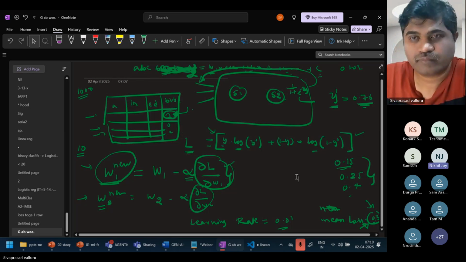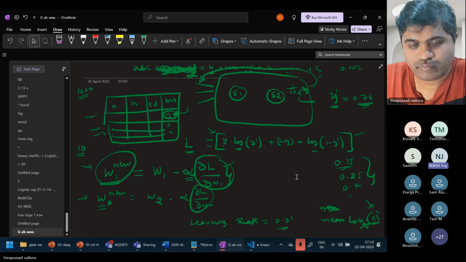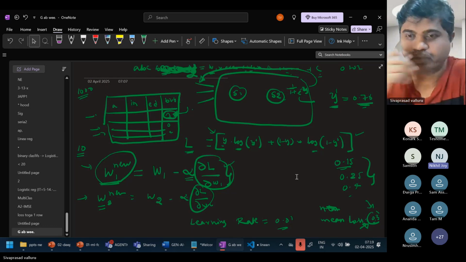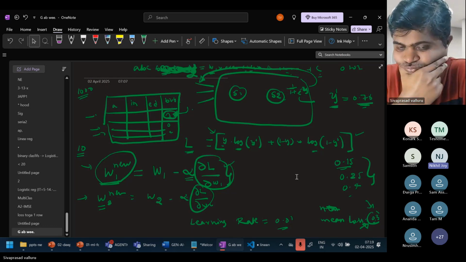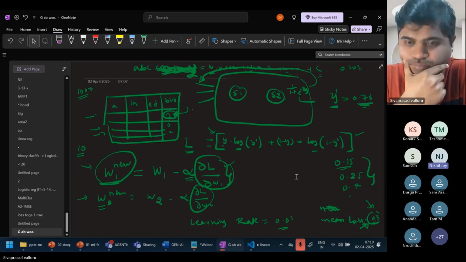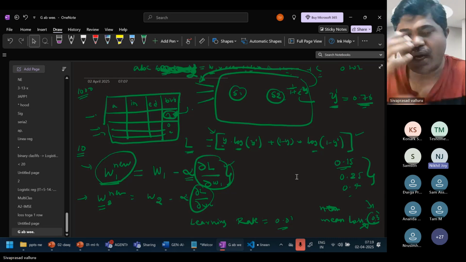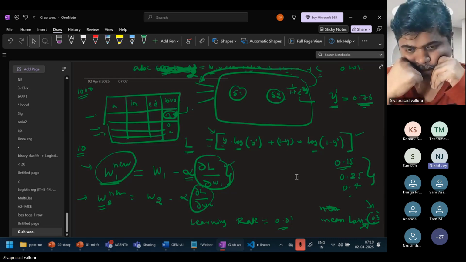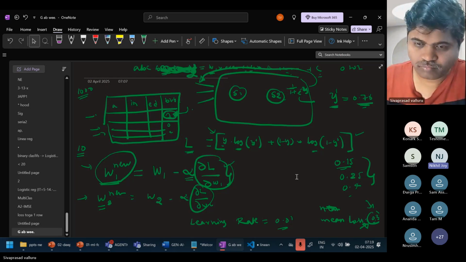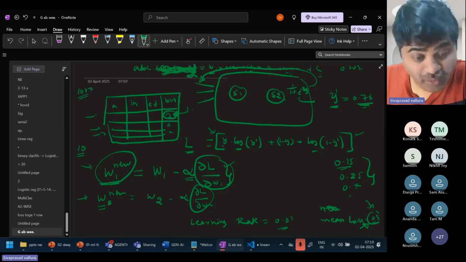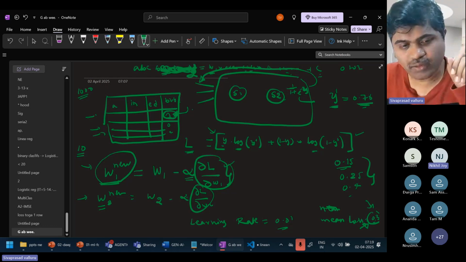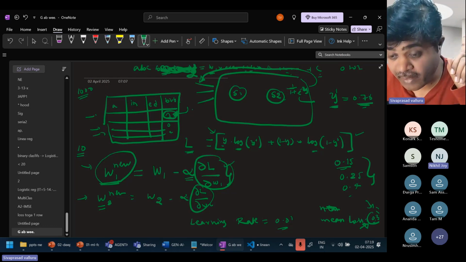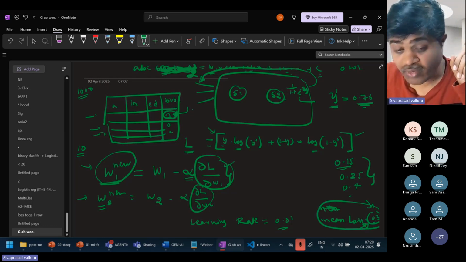So that means if I start with some random values of W1, W2, W3, I'll perform my step one as well as my step two to get that y dash, and then I'll perform the same for all the rows. In one iteration, you'll go through all dataset rows. You'll get the mean loss.